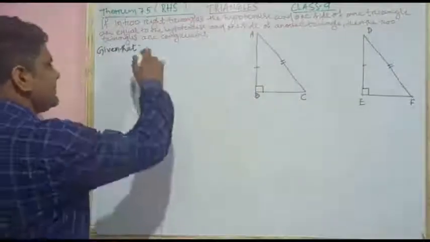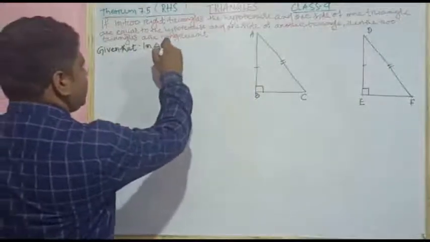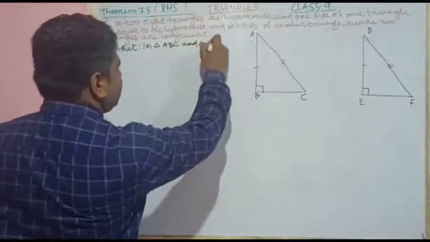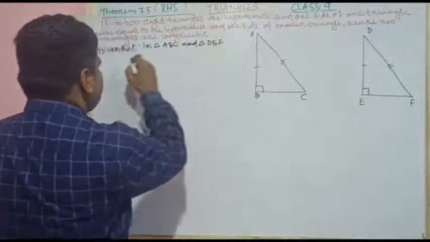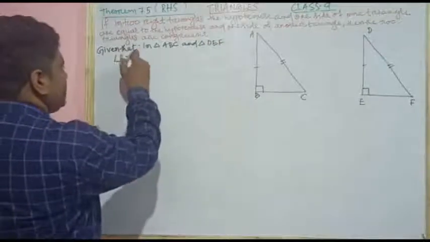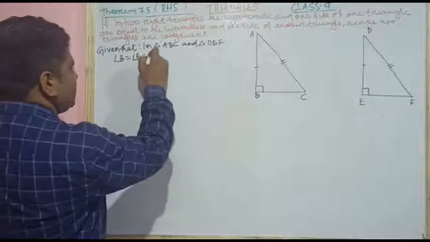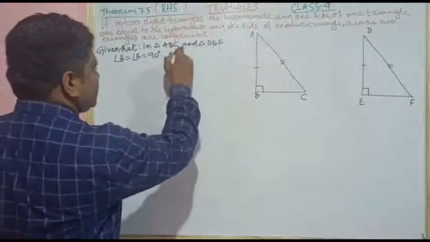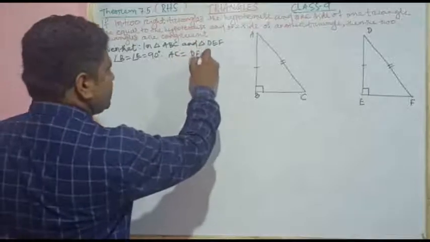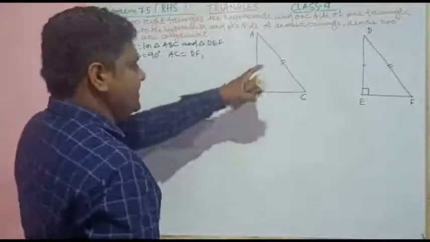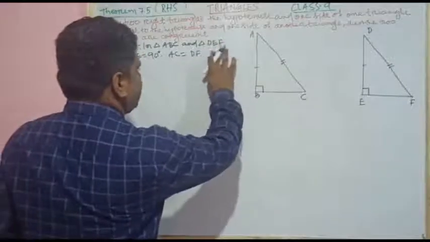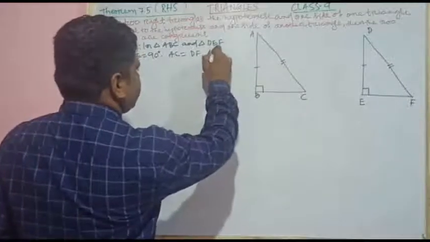So given that in triangle ABC and triangle DEF, angle B equal to angle E equal to 90 degrees, it is a right angle. Hypotenuse AC and DF are equal, and one side AB and one side DE are equal.